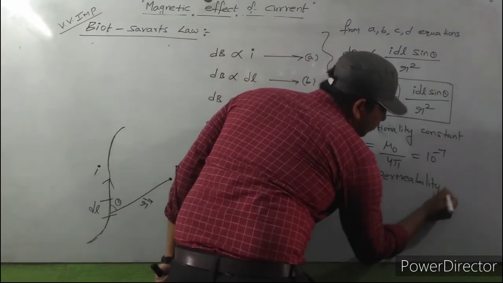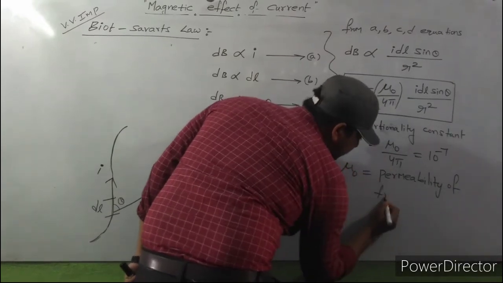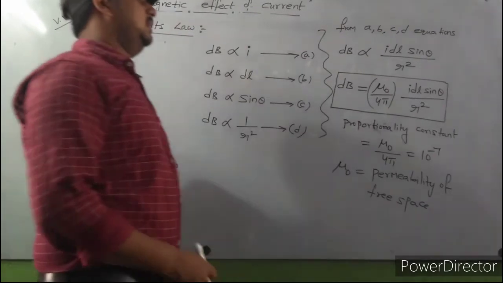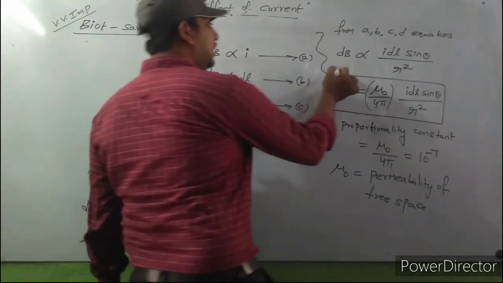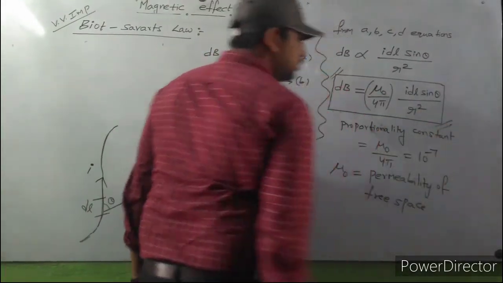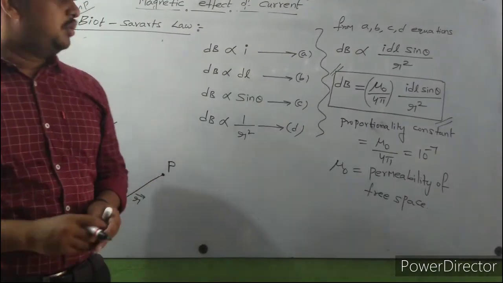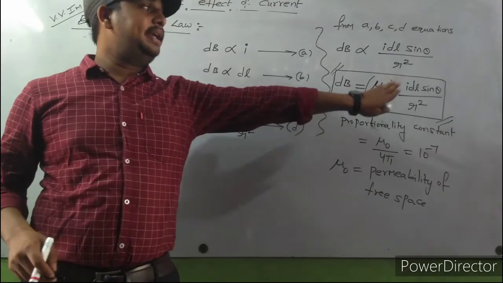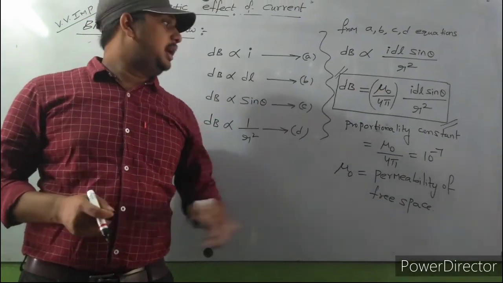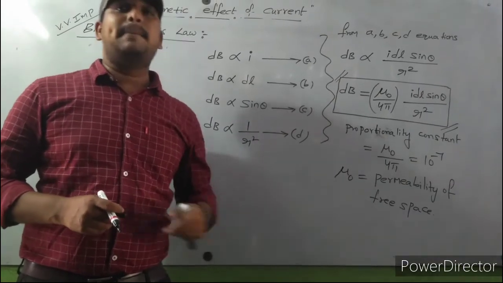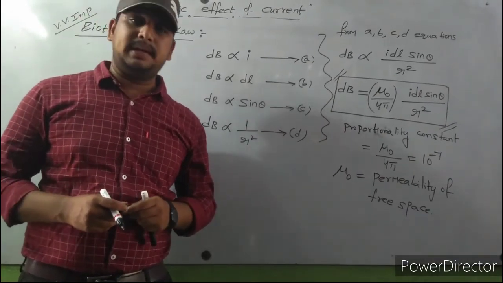This formula is very, very important. So this is the derivation of Biot-Savart's law: dB is equal to mu naught by 4 pi into I dl sin theta by r square.